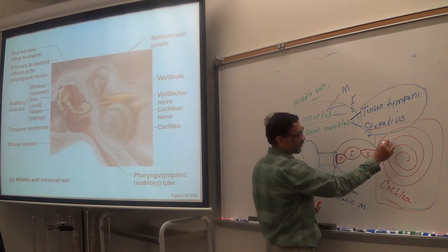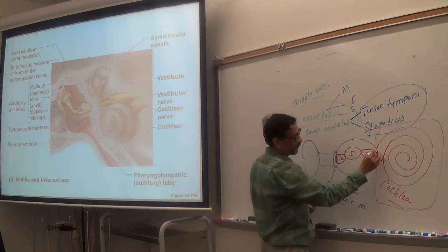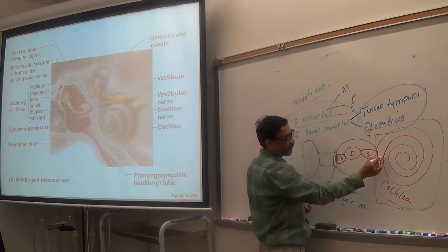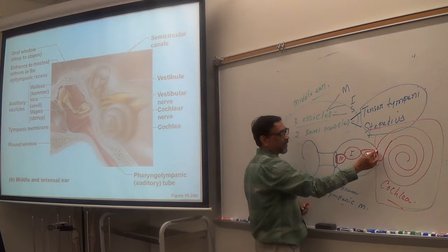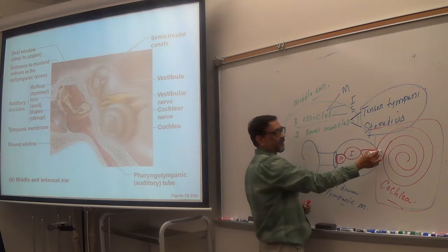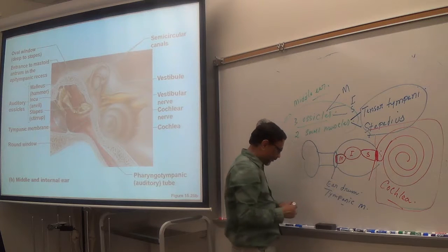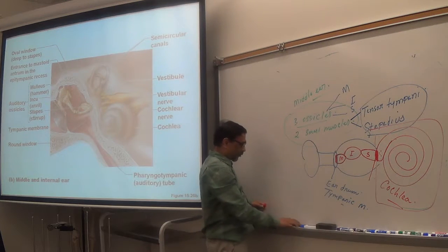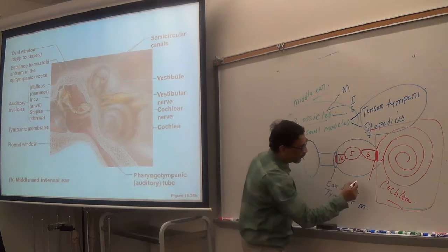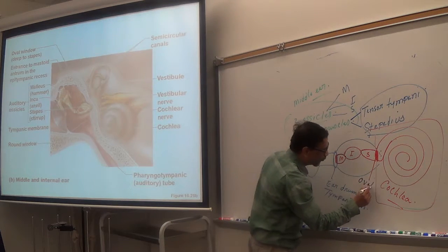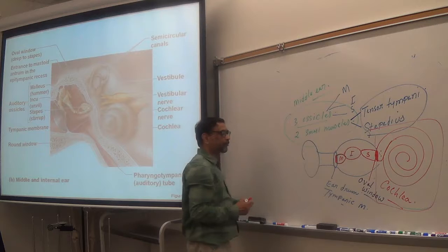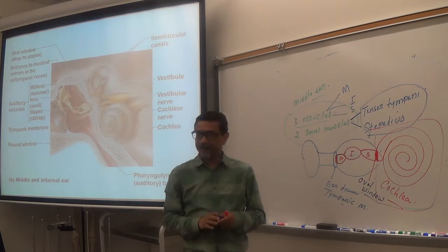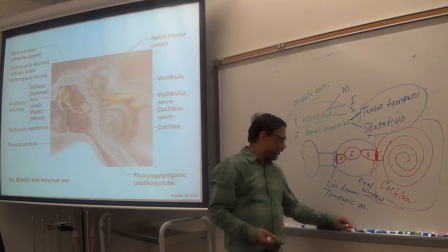So you see here, this stapes is attached to the cochlea, beginning of the cochlea, and this is called oval window, where the stapes is attached to the cochlea. That is called what? Oval window.